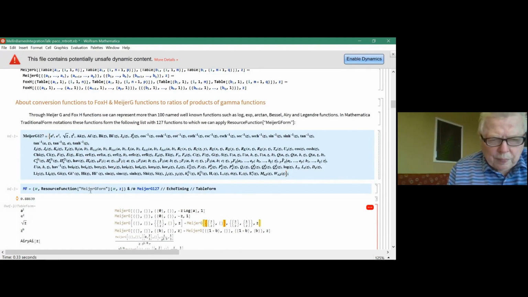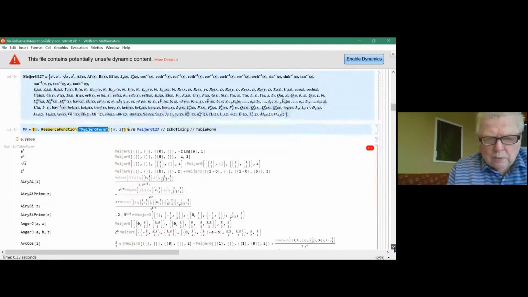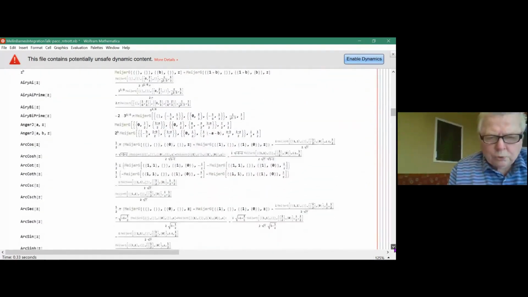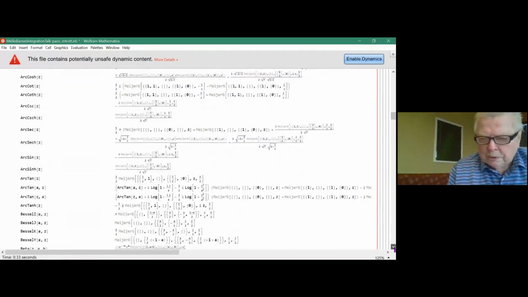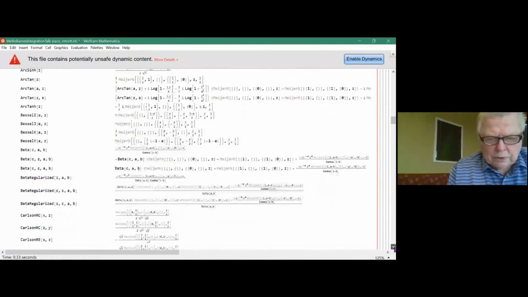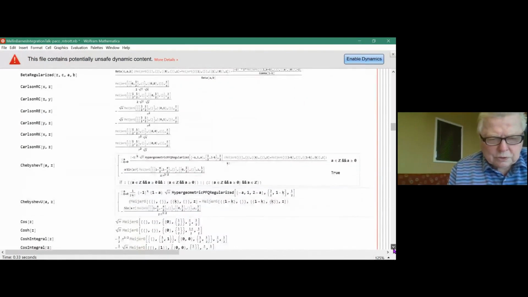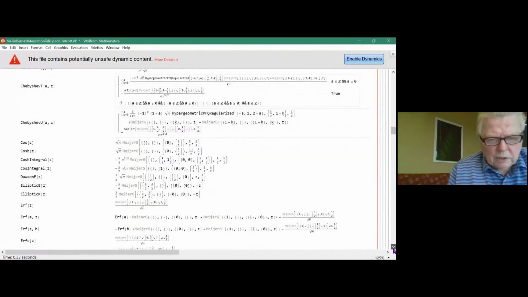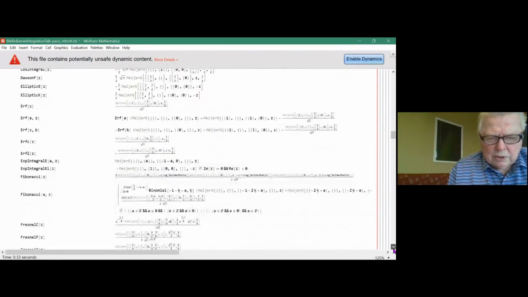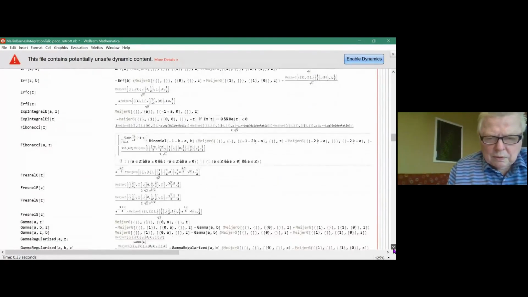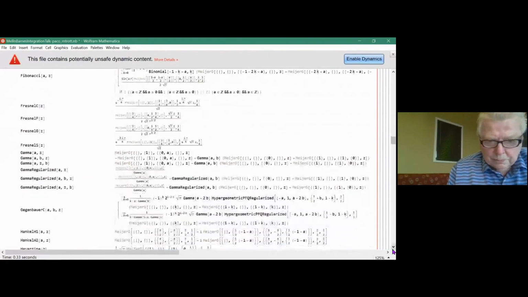For this, we have MeijerGForm, but we also have MeijerGReduce, which is not so powerful because it was implemented several years before our recent results. Here you see all this is representable.